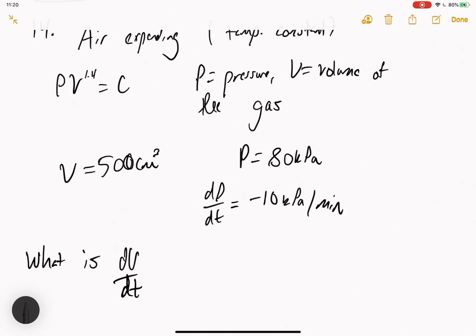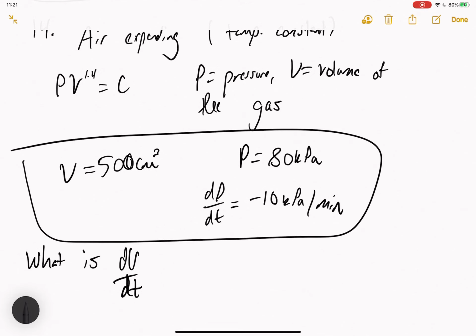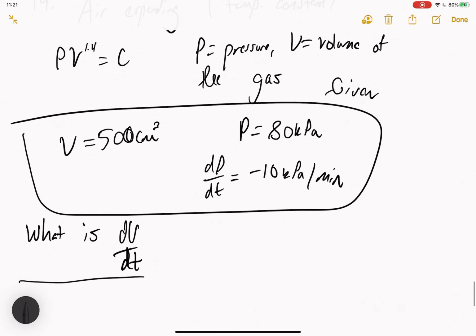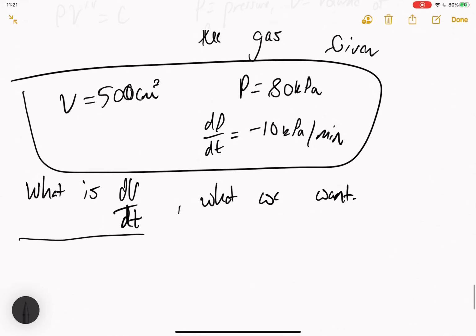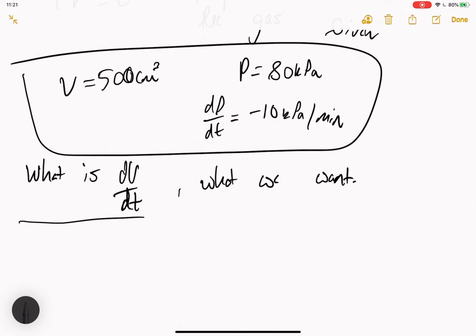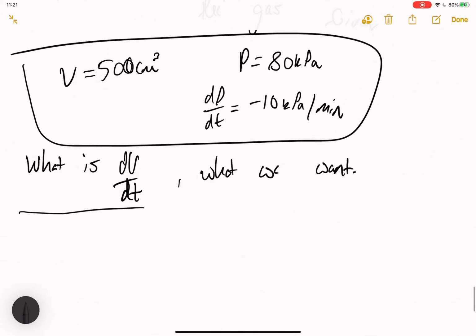So this was the given information, and the last part right here is what we want. Now I'm not going to solve it for numbers because I'm just not going to bother with that. I'm just helping you guys understand what the problem is, and hopefully this helps too.